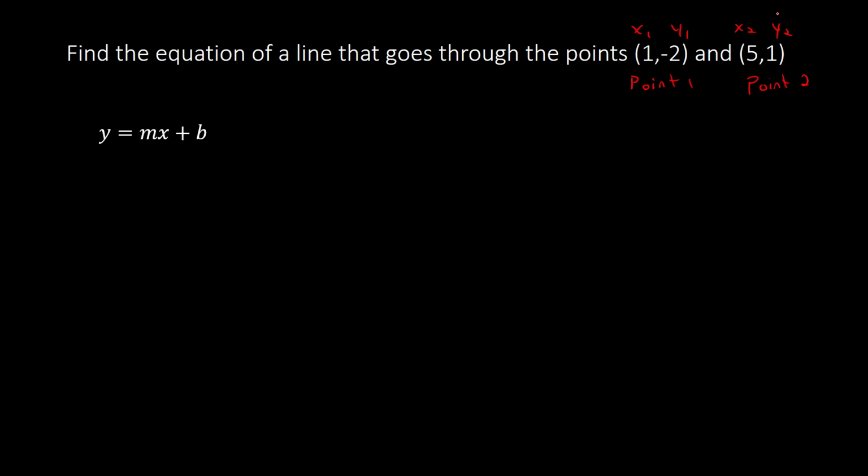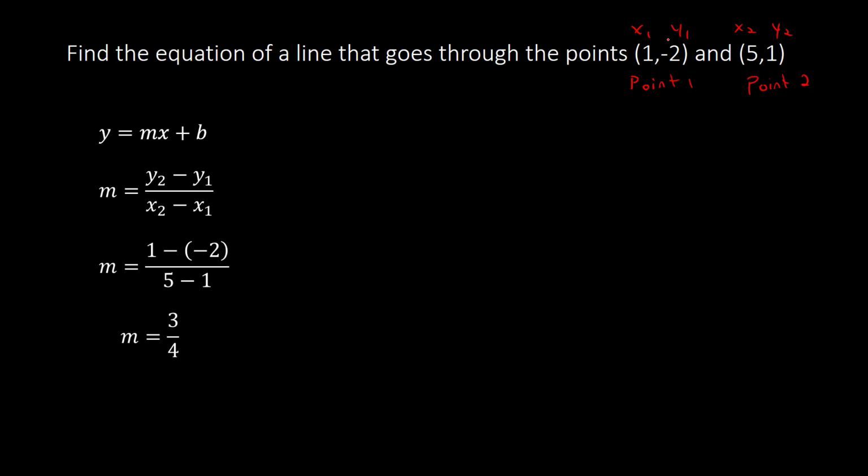We can use the slope formula, where all you do is subtract the y values and then subtract the x values. So when we do that, we have 1 minus -2, and then for the denominator, we have 5 minus 1. So for the numerator, we have a positive 3. For the denominator, we have 4. So we found the slope to be 3/4.